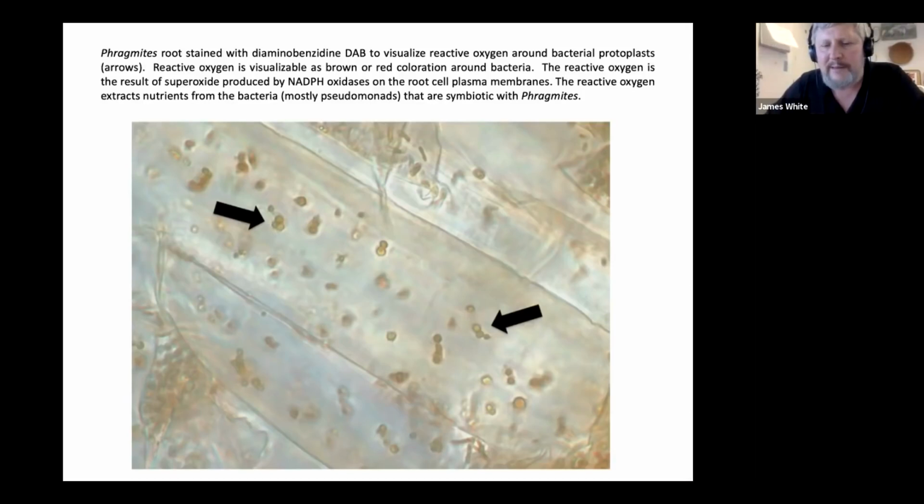So what's happening is these cells, as they age, are being penetrated by this superoxide, which goes right through the membrane and will break down proteins inside those cells. So inside those bacterial cells, there are proteins being degraded.